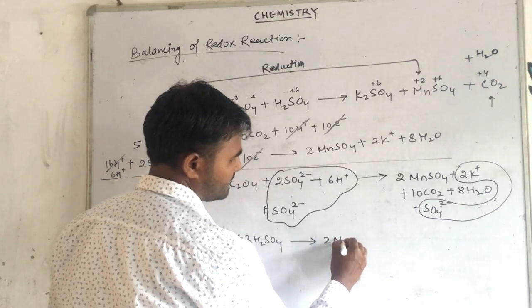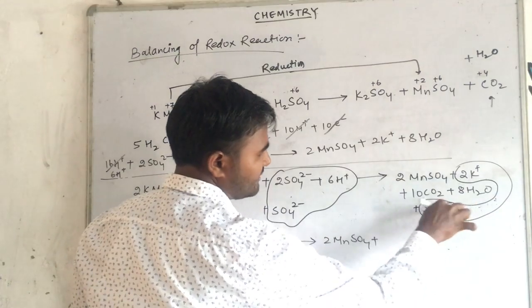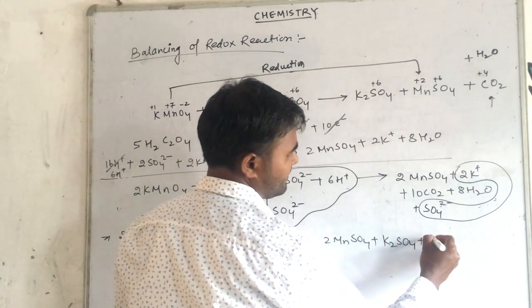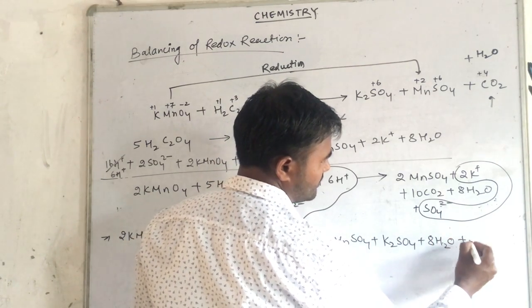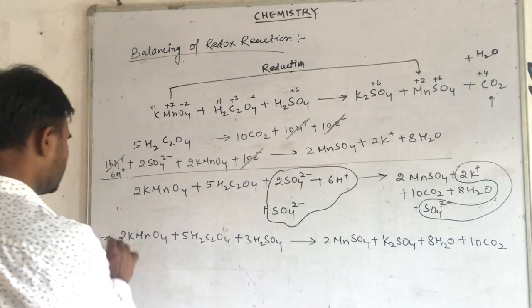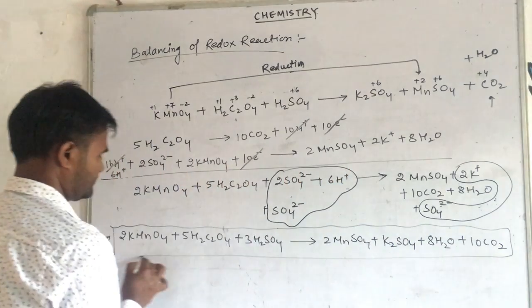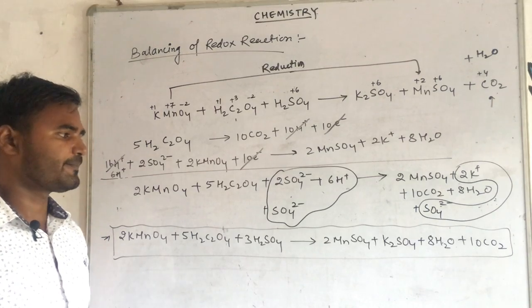Next, SO4, they will make K2SO4, one molecule, 8 H2O, 10 CO2. So this is our balanced chemical equation. I hope this is clear to all of you.